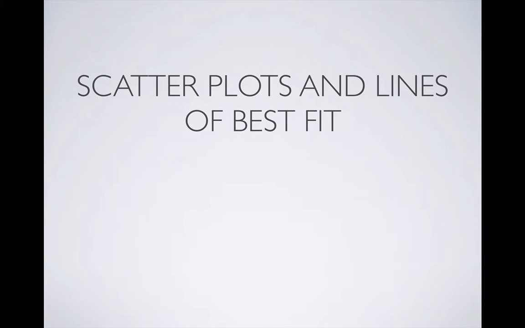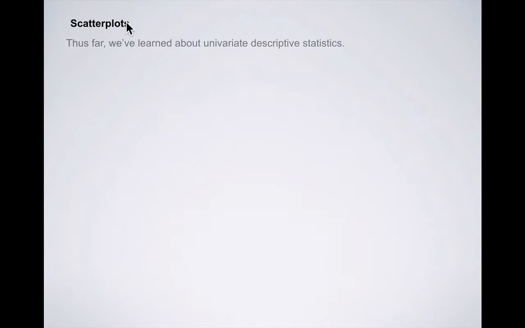So after watching the review of what you learned in grade 9 with respect to scatterplots and lines of best fit, I want to review what we've done so far. Up till now, we've been looking at univariate, or one variable, descriptive statistics.